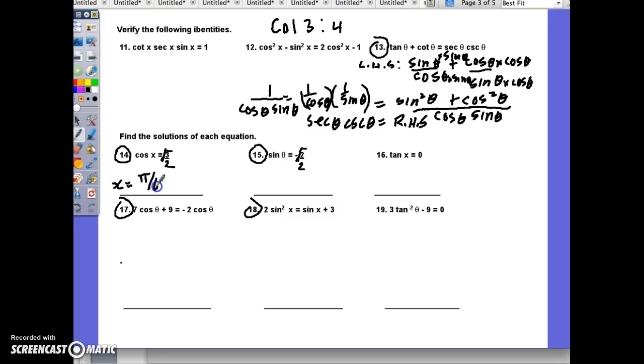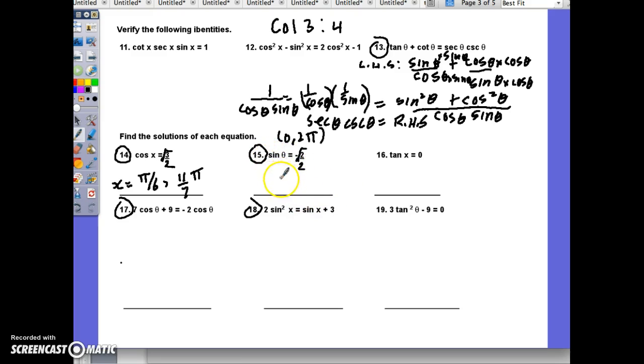Pi over 6, it's positive in the first quadrant, and also in the fourth quadrant, that would be, I'm thinking, 11 pi over something. You see 7 pi over 6. Yeah, how about 11 pi over 6? Yeah, that would be it. And that would be in the interval between 0 and 2 pi. So that would be the possible values of x.